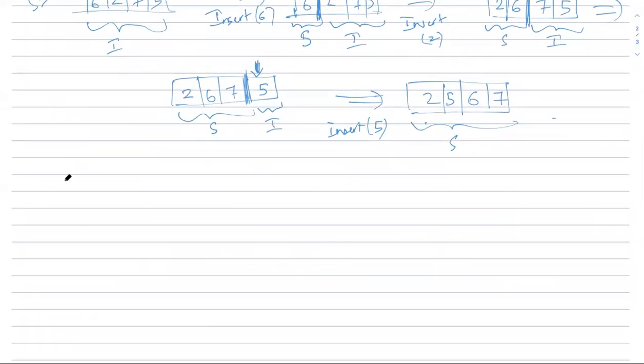Some important property of insertion sort is that if your list is already almost sorted, then the insertion sort runs much faster.